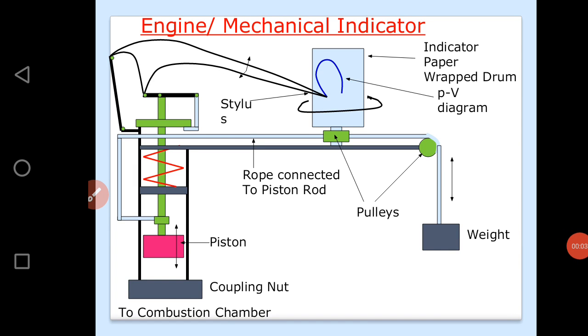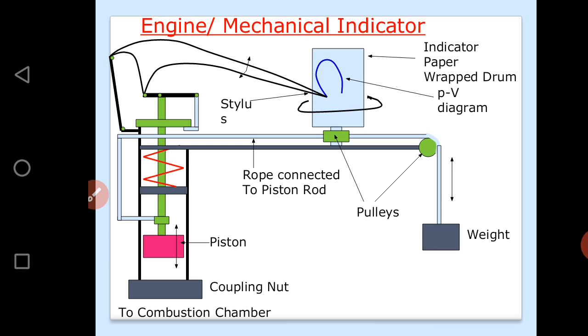Good morning, students. Today we are going to discuss the different types of methods by which we can measure the frictional power and indicated power, and after that we are going to study the heat balance sheet.